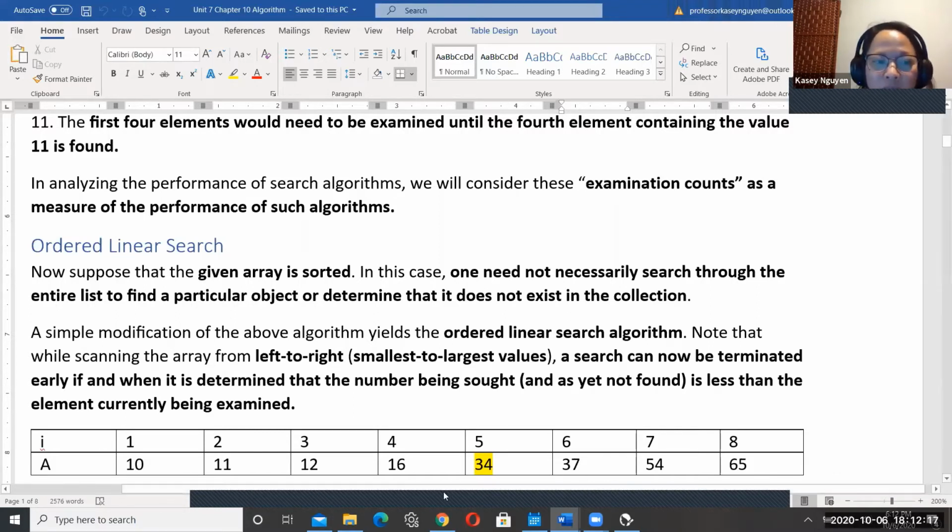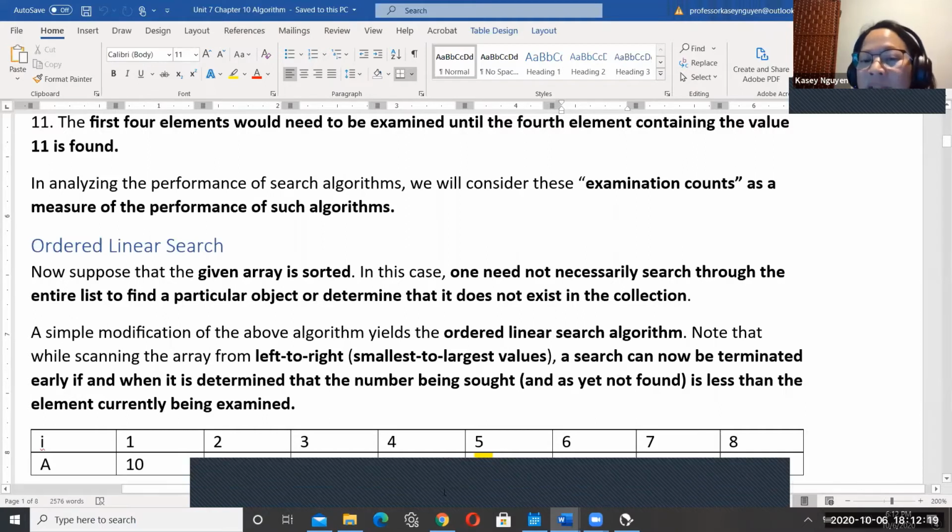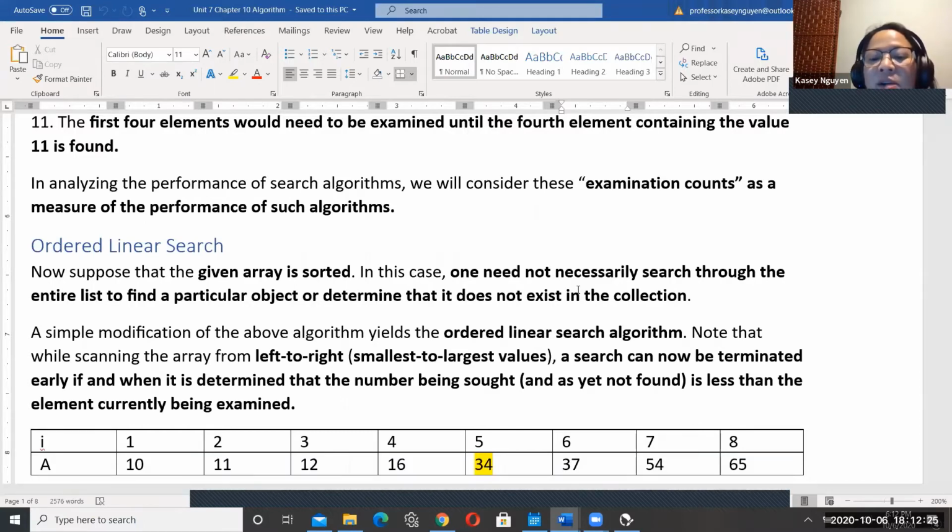Now it says that one need not necessarily search through the entire list to find a particular object to determine whether it exists or not. So let's say that we organize it in ascending order, going from smallest to highest.